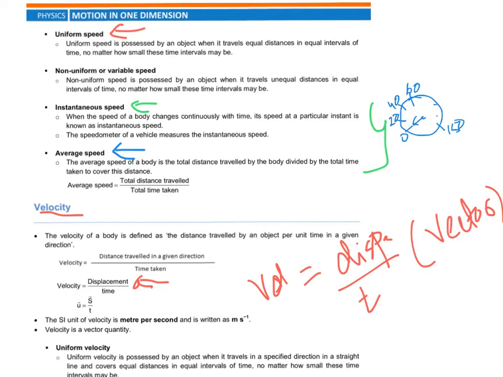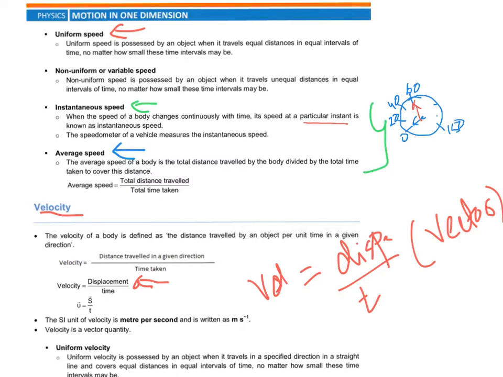Now we are moving, and we see what our speed is. We see this is 60. That means at that particular time, or at that particular instant, my speed is 60 kilometer per hour.